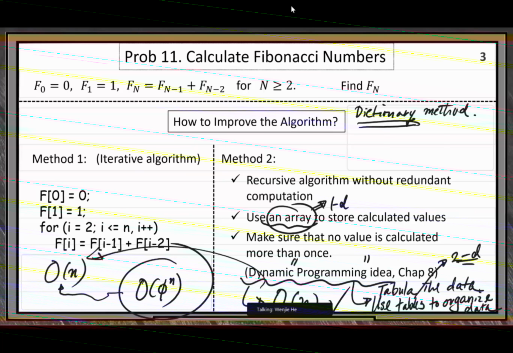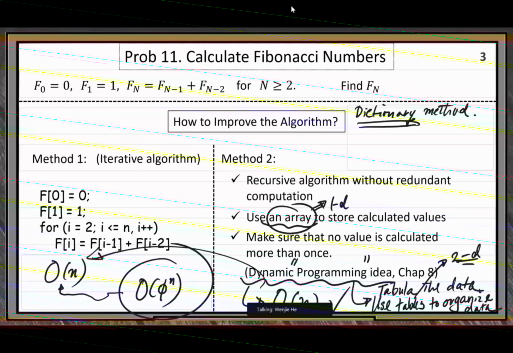Then, what's the dictionary? Our array is a 1D dictionary. Tables are 2D dictionaries. It could be 3D, multiple-D dictionaries. So you store the temporarily calculated data in your dictionary.